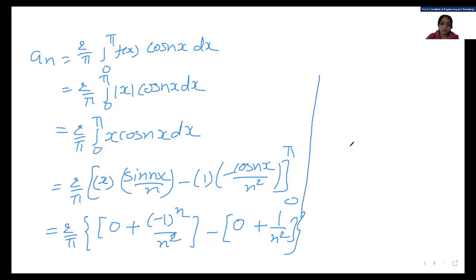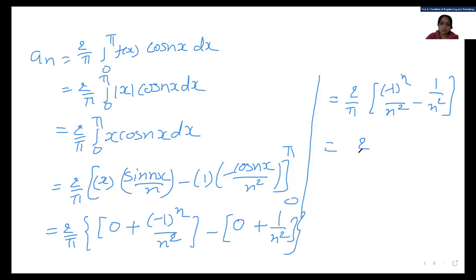Now here 2 by pi, minus 1 raised to n upon n square, plus minus is minus here, right? So this is minus 1 upon n square.